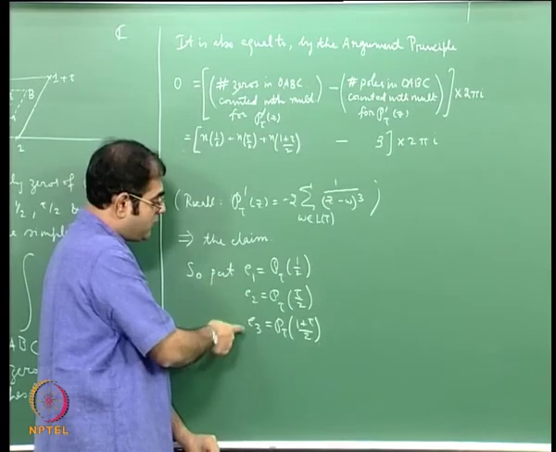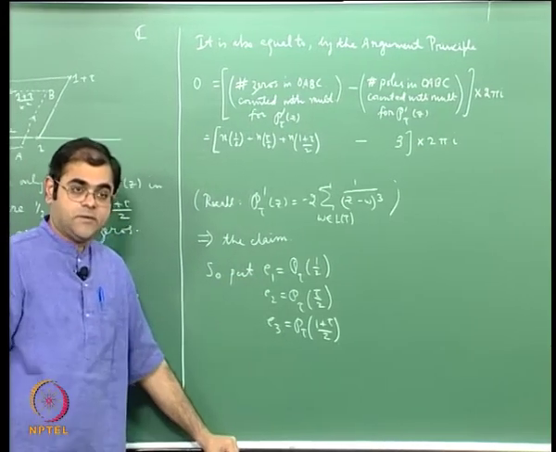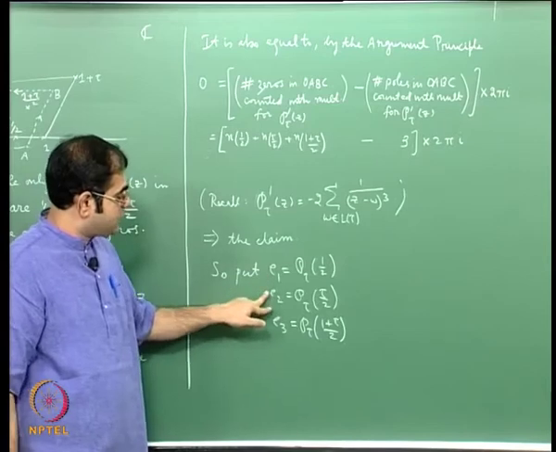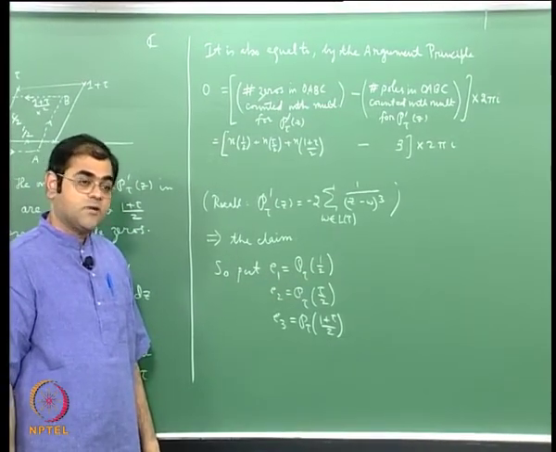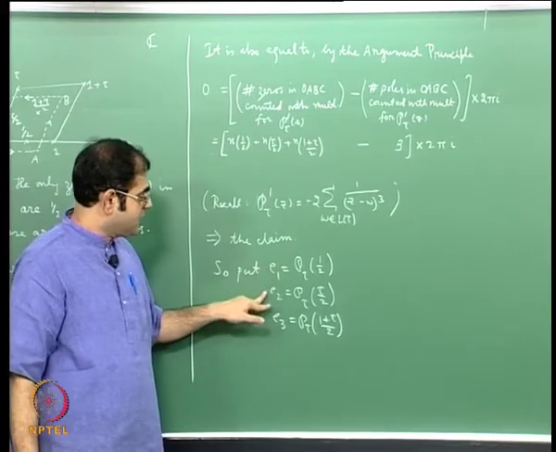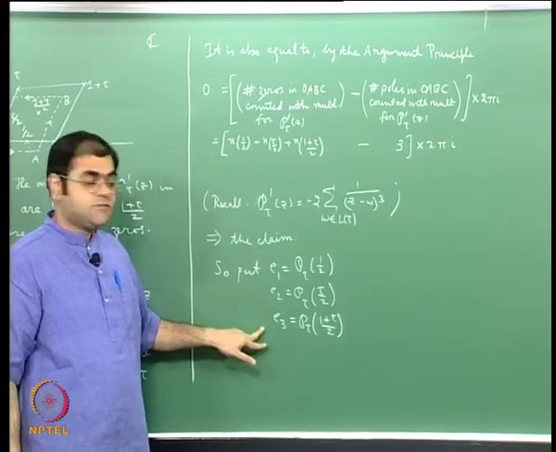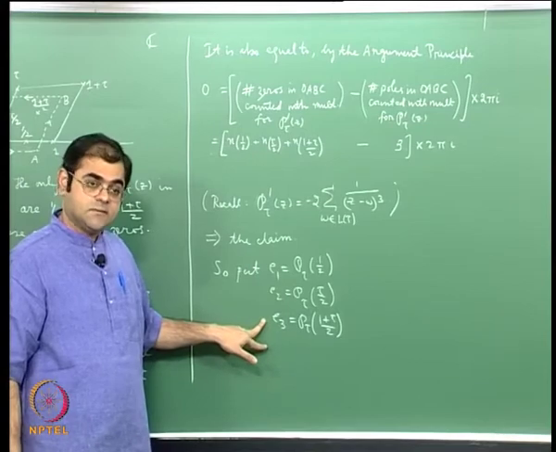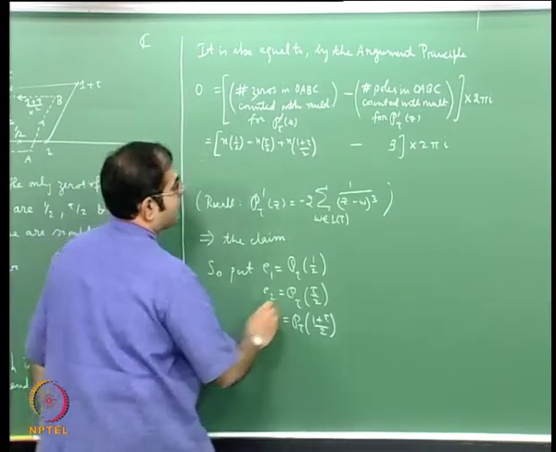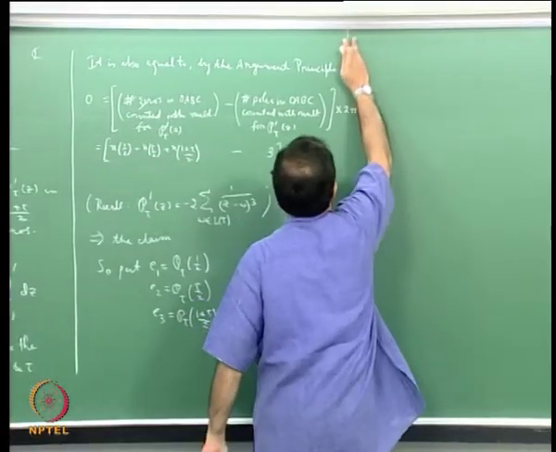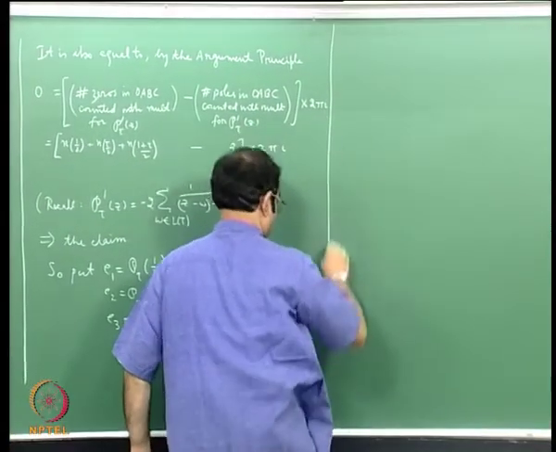But first thing is, I claim that E1, E2, E3 are all distinct, okay. I claim that no matter what the value of tau is, E1 can never equal E2, E2 can never equal E3, E1 can never equal E3, okay. So that is the next claim, alright. So let me write that down here.